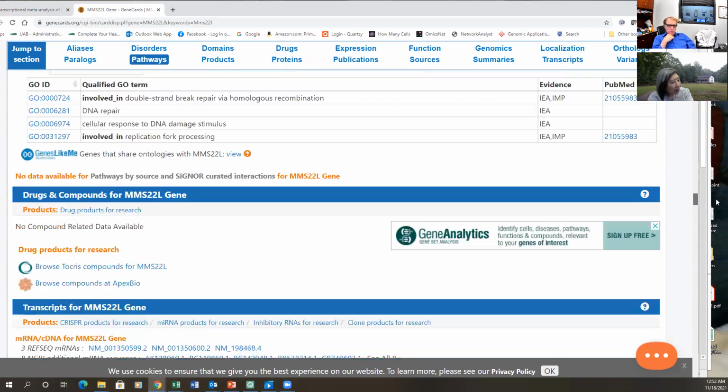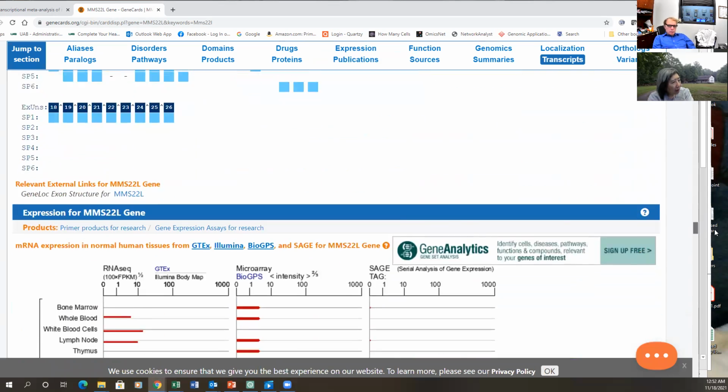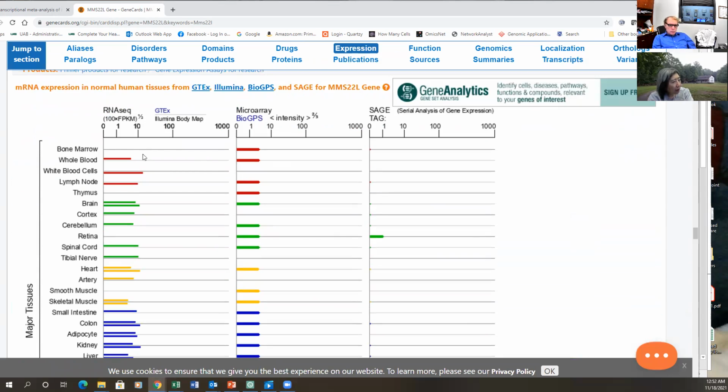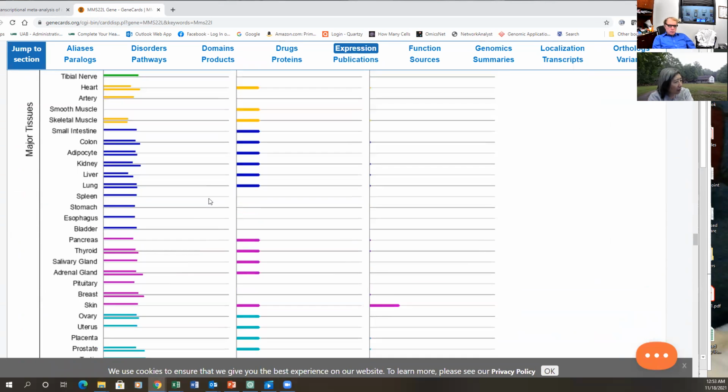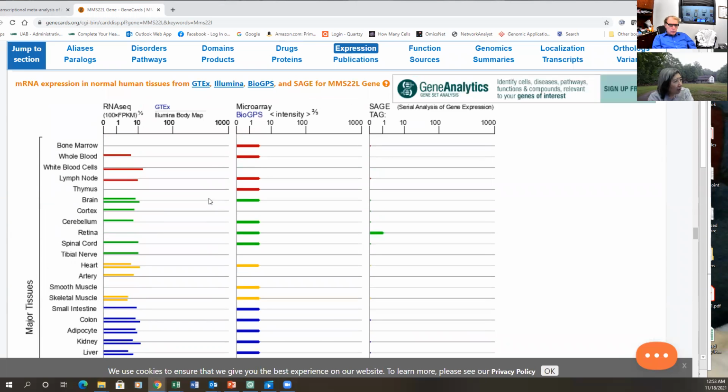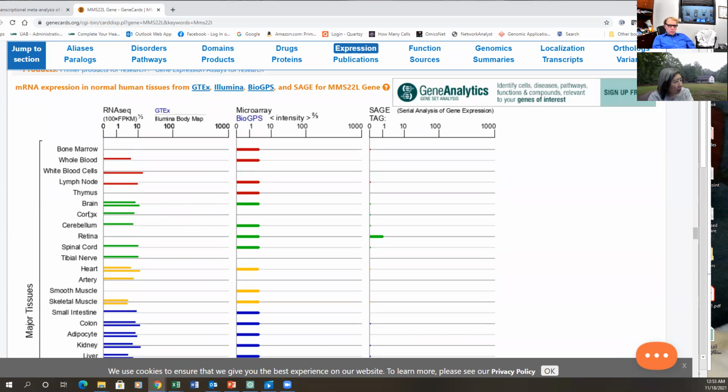But then you could see the tissue expression. This is RNA-seq data. Unfortunately, RNA-seq doesn't tell you what kind of immune cell. You could see it in, I think, lymph node, in thymus.